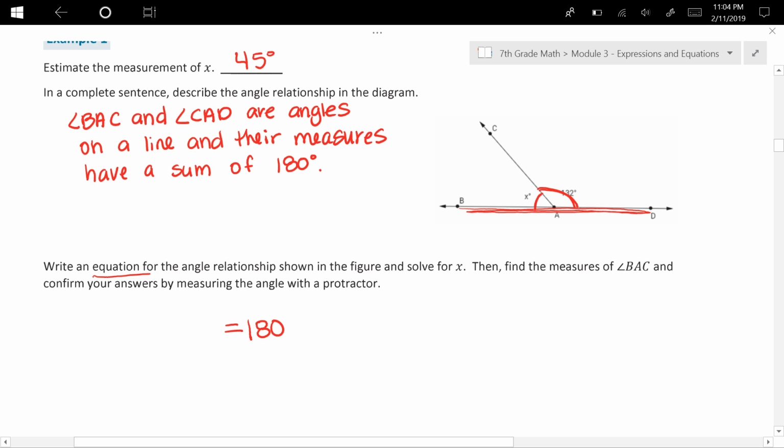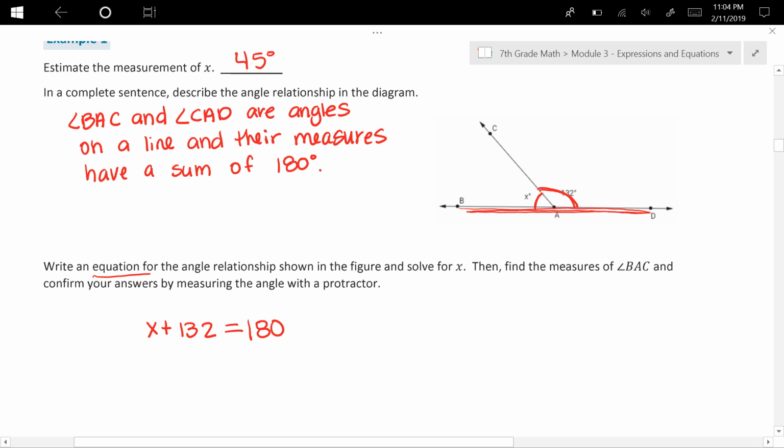We have the two angles on a line, they equal 180 degrees. If I just add them all up, then they will equal 180 degrees. So we have x plus 132. One of the angles was given. So here is our equation.